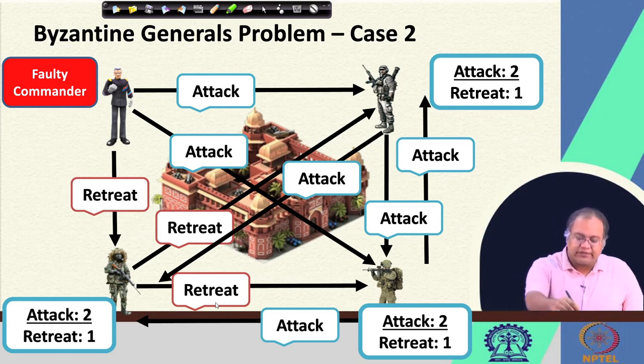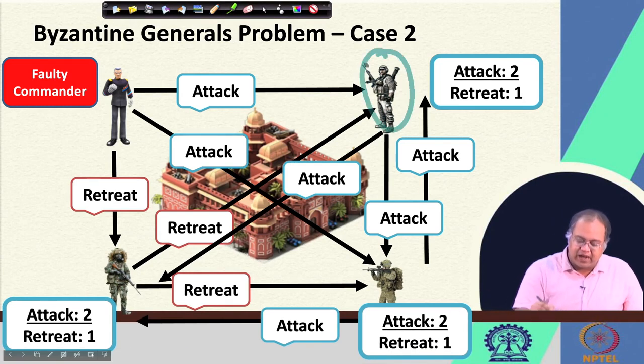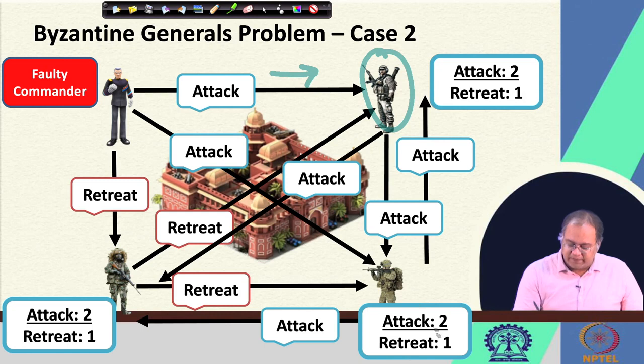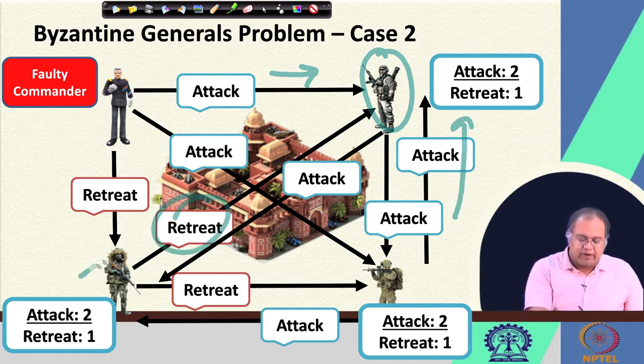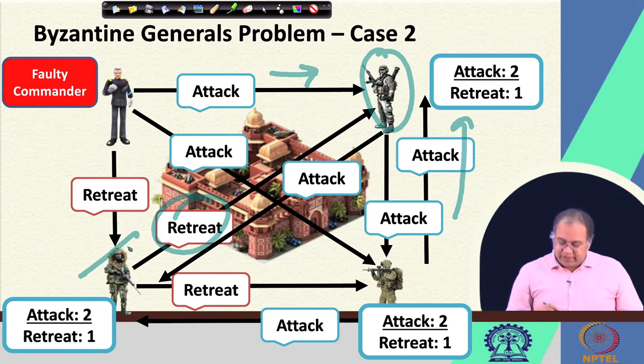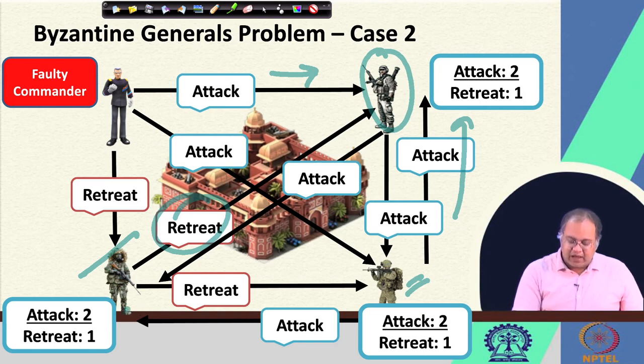For example, this particular one has received an attack from the commander, an attack from this particular lieutenant, but a retreat from this one. Similarly, the second lieutenant has received a retreat from this one, an attack from the commander, and an attack from the first lieutenant. So, you have 2 attack and 1 retreat.